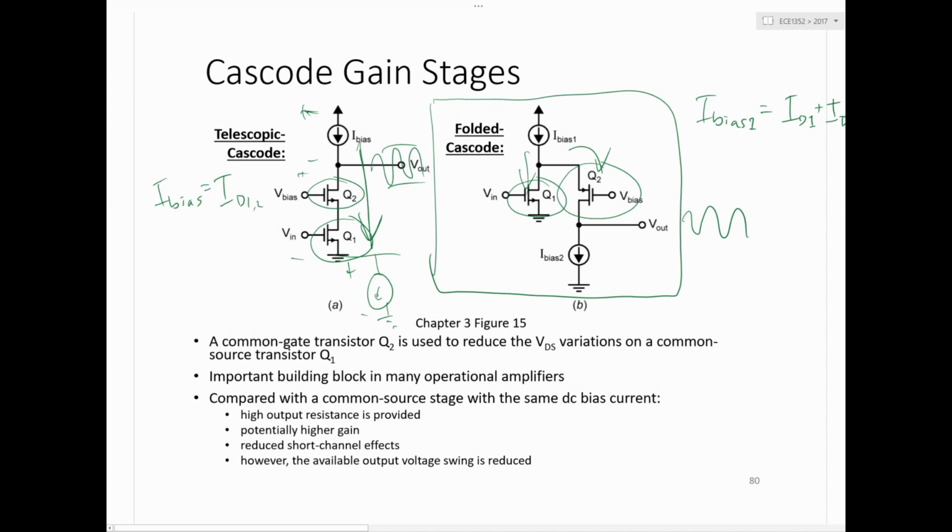On the other hand, with a folded cascode, it's Q1 that's the input transistor, so the tail current fits here. So you have fewer transistors stacked on top of each other. The direction in which you have the most transistors stacked is actually over here. But this is where it gets a little subtle.